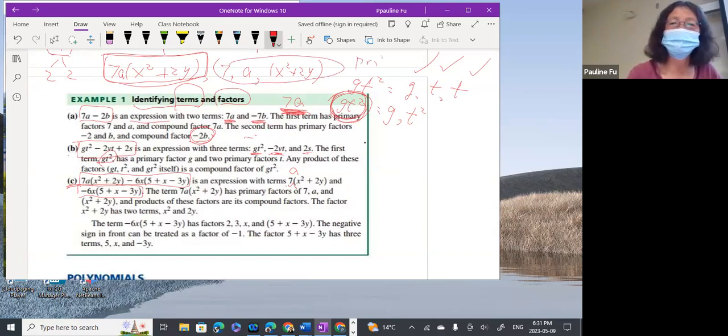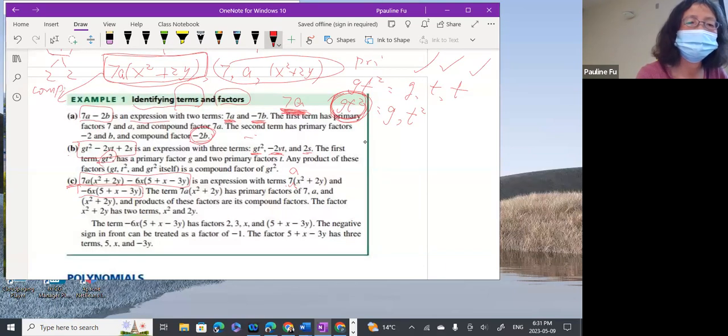Now I ask you to identify compound factors. 7a is a compound factor. Another is 7 times the bracket x squared plus 2y, which is a compound factor.